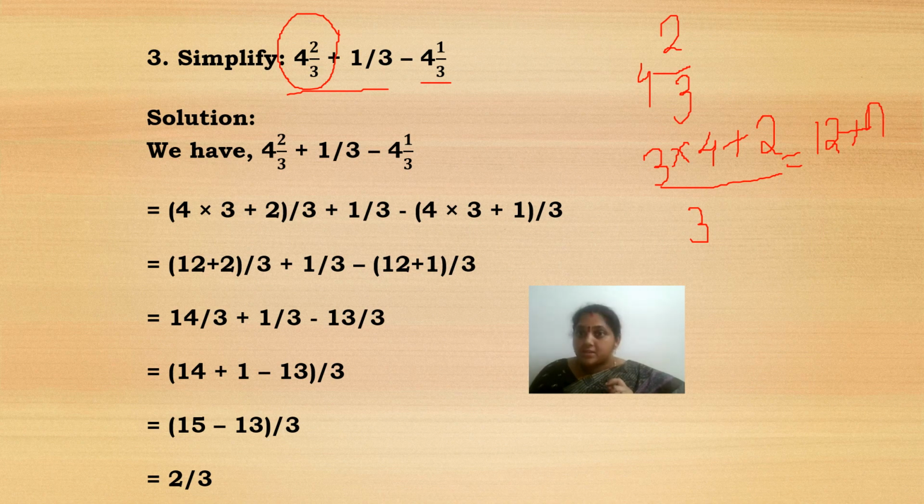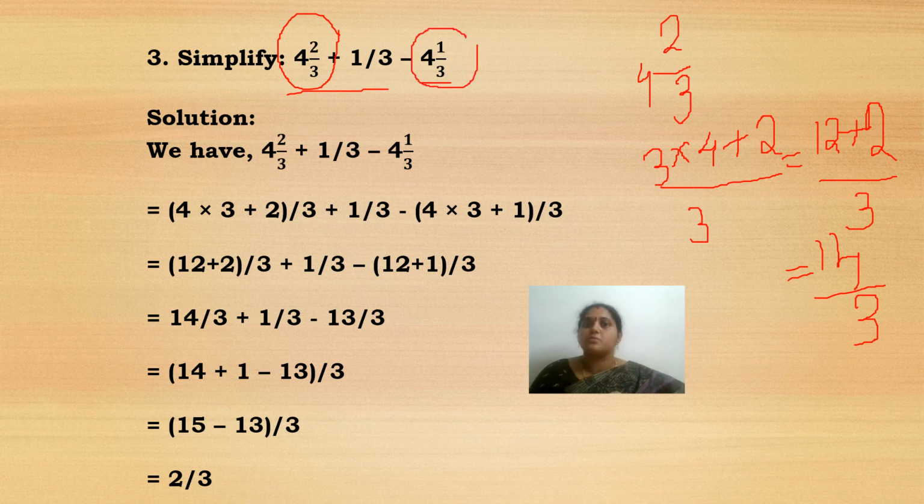Sorry, 12 plus 2, not 4. 12 plus 2 divided by 3. That is equal to 14 by 3. This is how I am going to convert my mixed fraction to a proper fraction or improper fraction. In the same way, 4 1 by 3 also should be converted. Now, when we are converting like this, what are the fractions we are getting here?